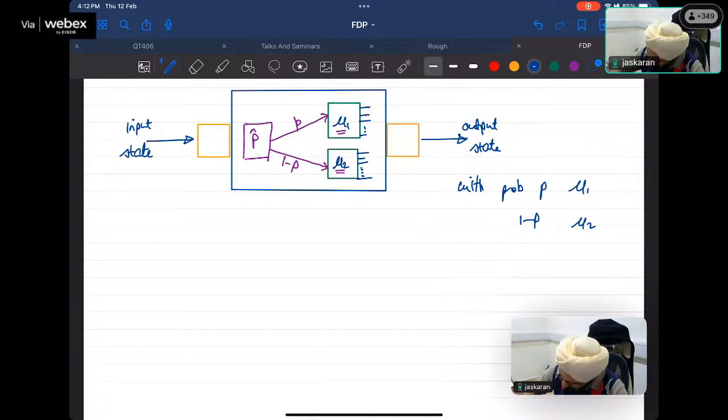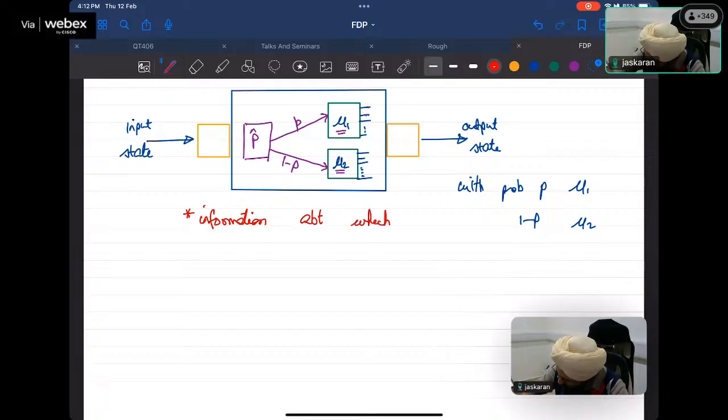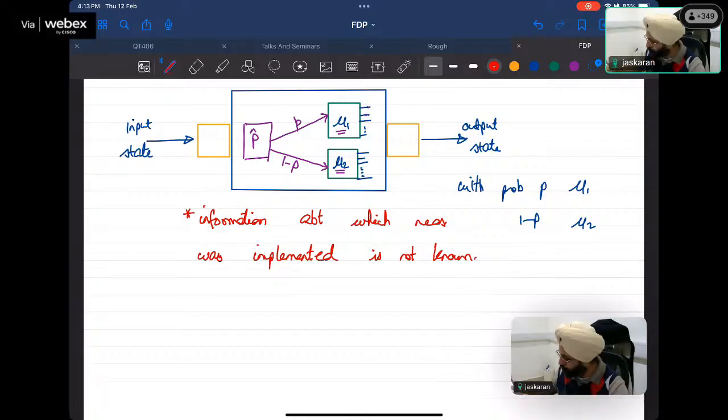So let me also label this as an important point: information about which measurement was implemented is not known.